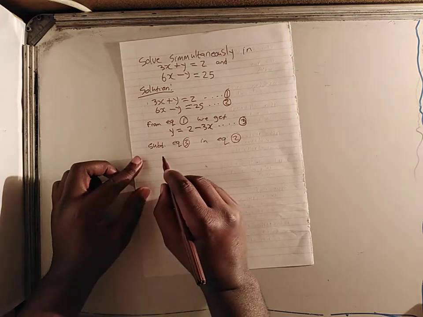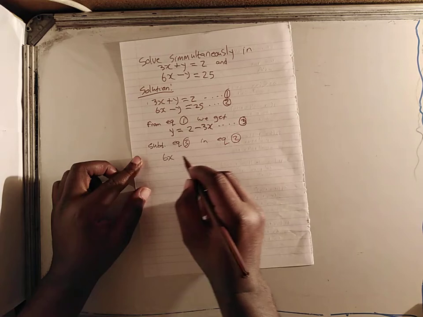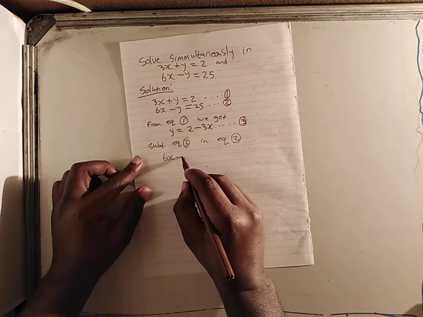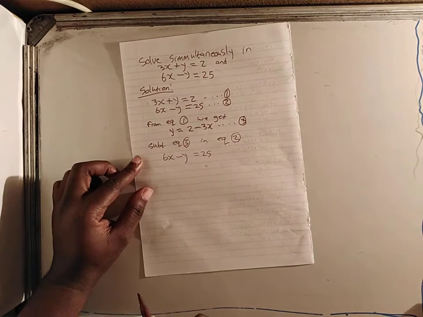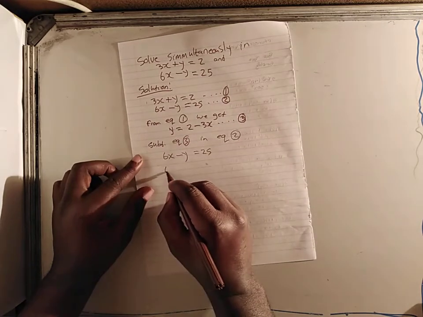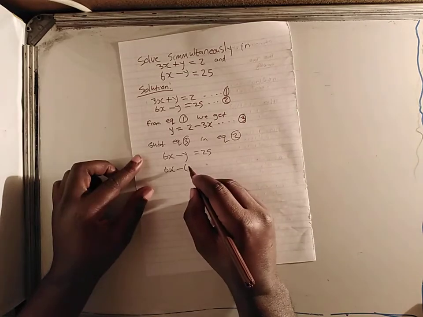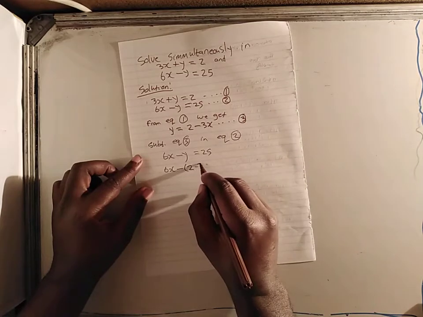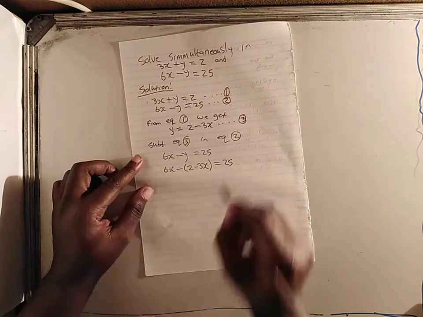All right, now how do we do that? We write equation 2 as it is, so it's going to be 6x minus y, which is equal to 25. And then 6x minus, in the place of y, what do we put? We put 2 minus 3x, which is equal to 25.